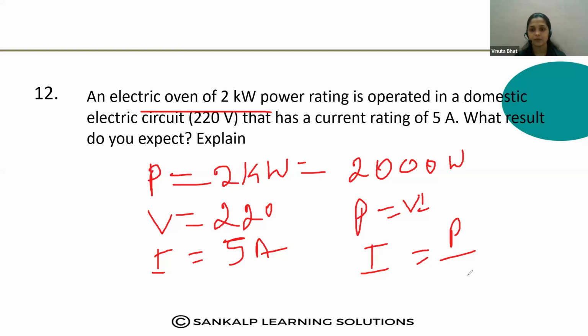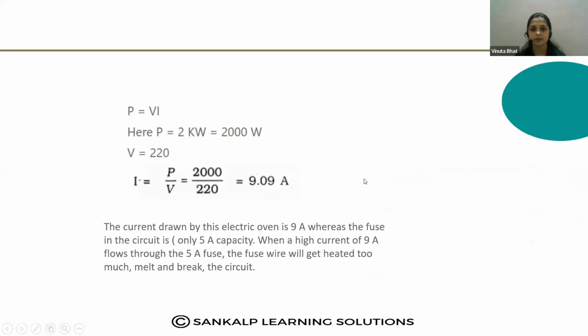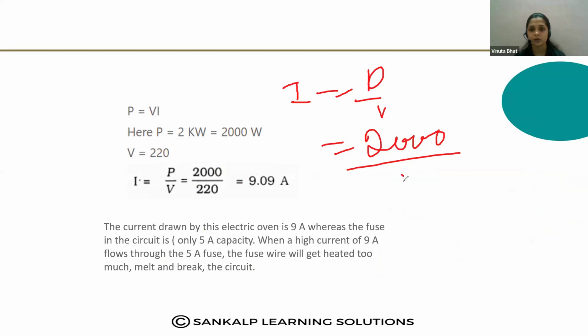Now find the current drawn by the appliance. I is equal to P by V, that is 2000 divided by 220, which is around 9.09 ampere.